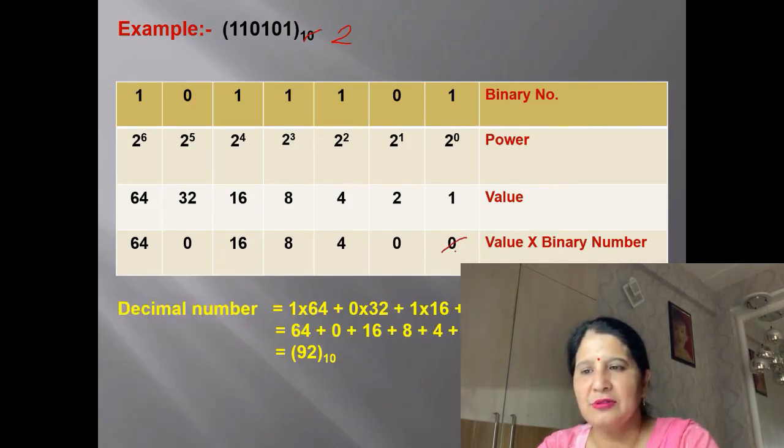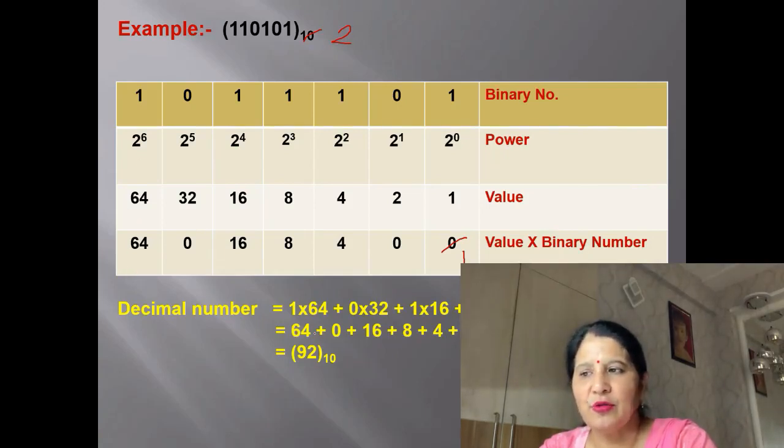This is 1 only. Okay, 1 multiply 1 became 1. 2 multiply 0 became 0. 4 multiply 1 means 4. 8 multiply 1, 8. 16 multiply 1, 16. 32 multiply 0 became 0. 64 multiply by 1, 64.